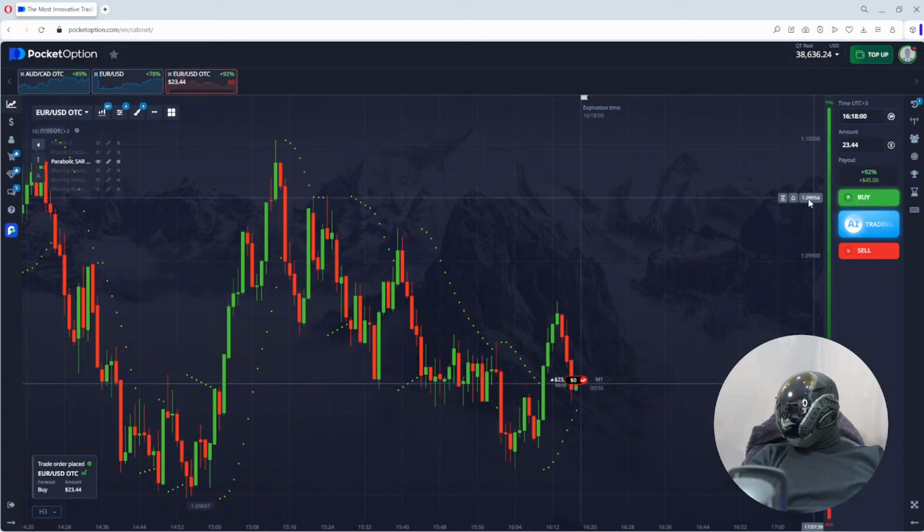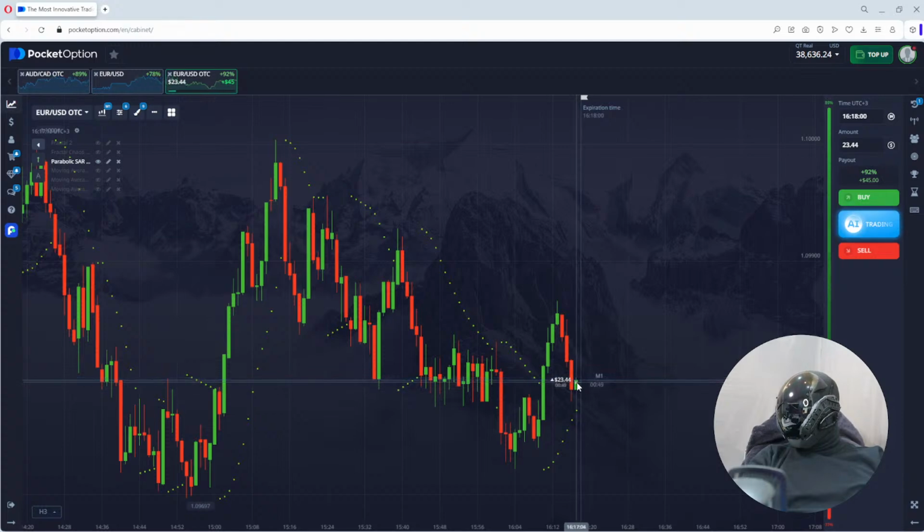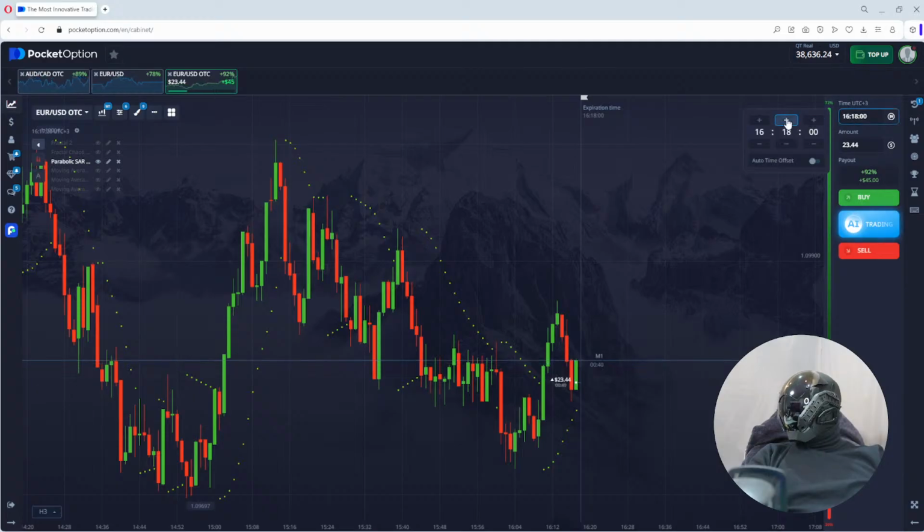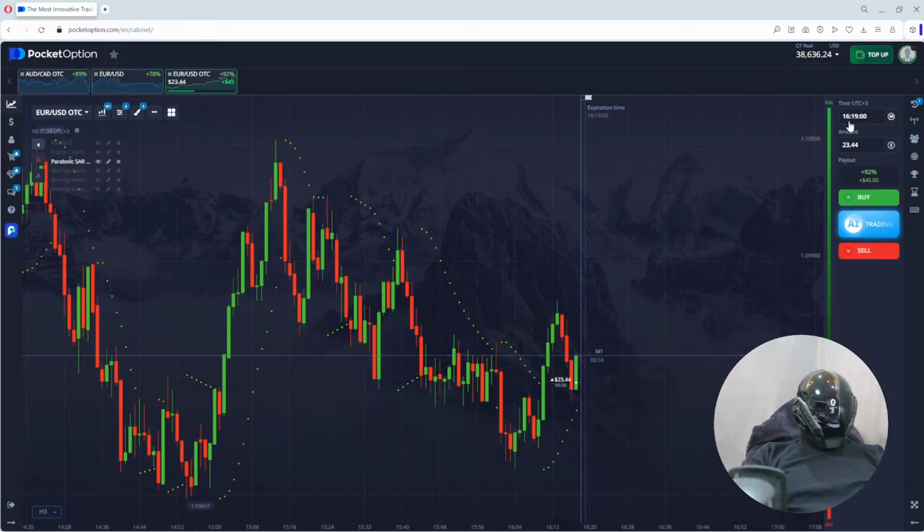This is something very important not to mess up on, because if it closes where it is right now, where I opened, I could have been in a losing position, but if I had opened exactly on the time, it would have been a winning trade. So it's very important to stay vigilant, right? To be vigilant.